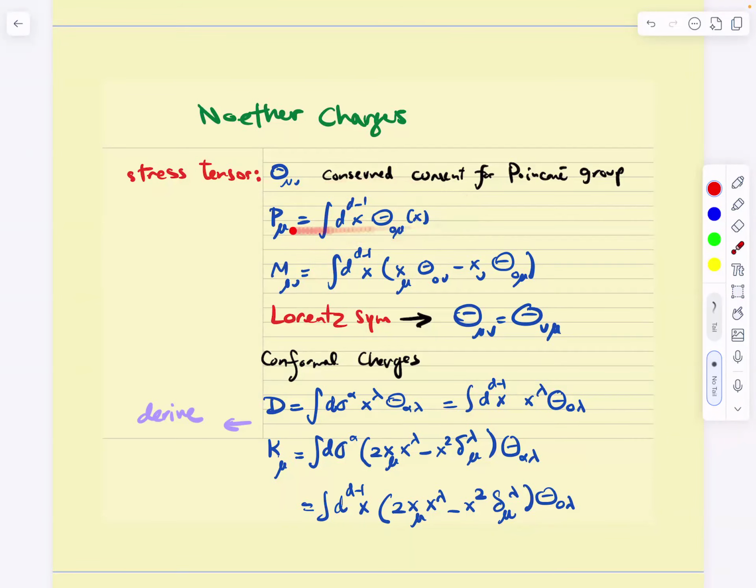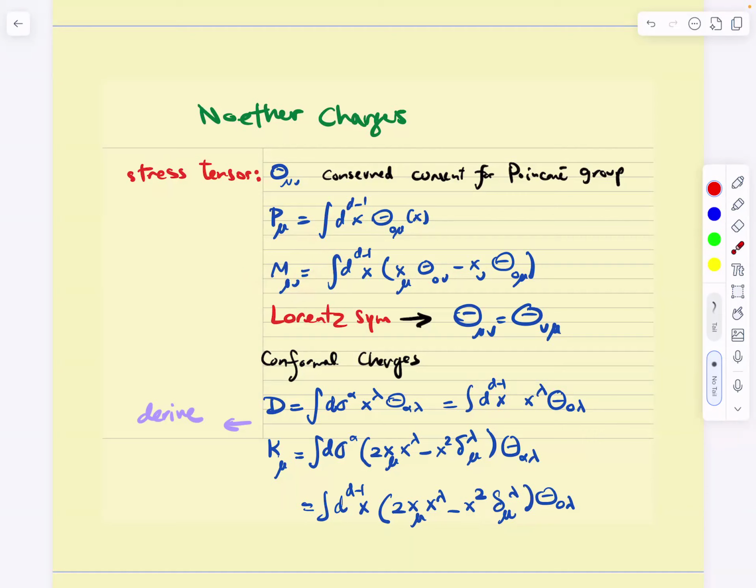So I can write this in a covariant form in this way. M mu nu, now this is the conserved current associated to translations. The conserved current associated to Lorentz transformations is this. I'm just plugging in literally the formula we found from Noether's theorem in part 1 of the course. Here's the conserved charge associated with Lorentz transformations, Lorentz symmetry.